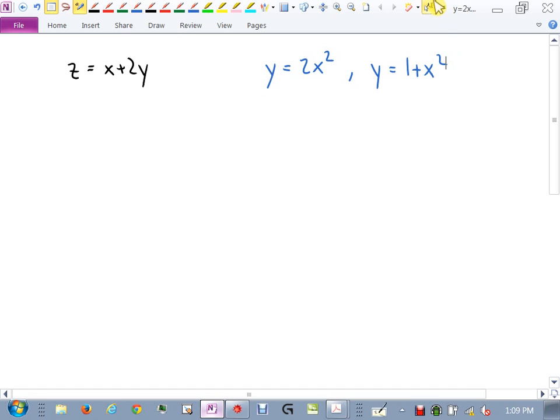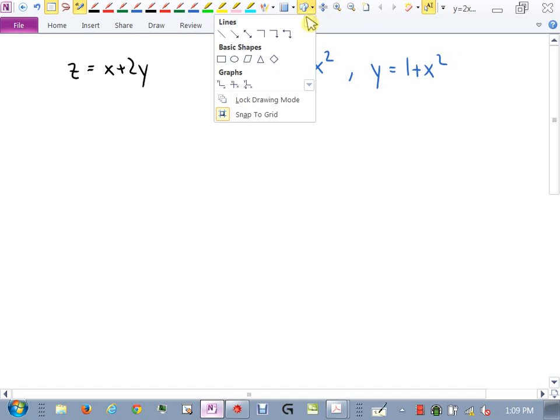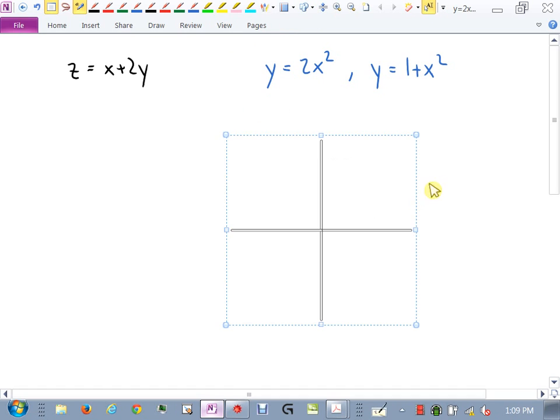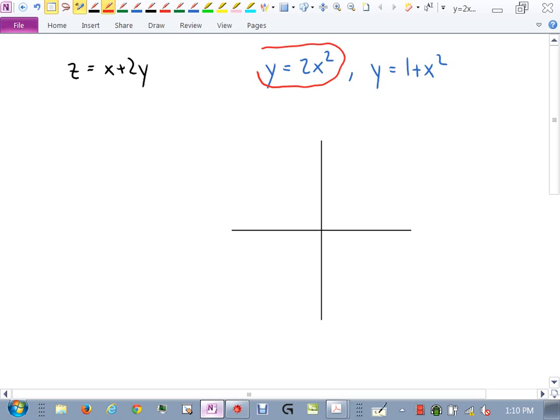So I'm going to start with the region. I'm going to draw a graph here. And now I need to draw these two. These are parabolas. I would expect that you can graph these parabolas. But to do it quickly, let's draw this one. And we won't label them g1 or g2 yet.